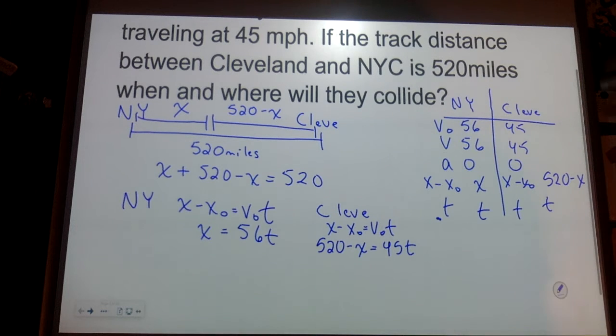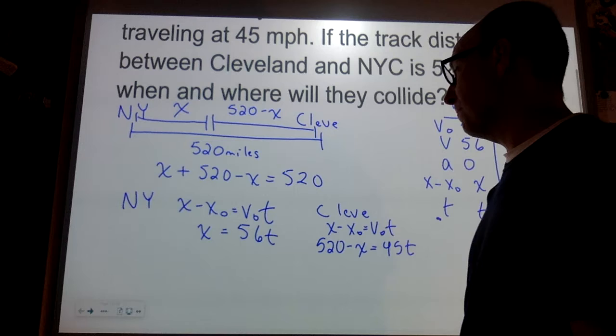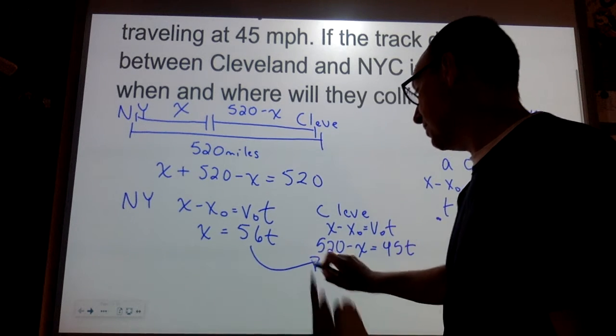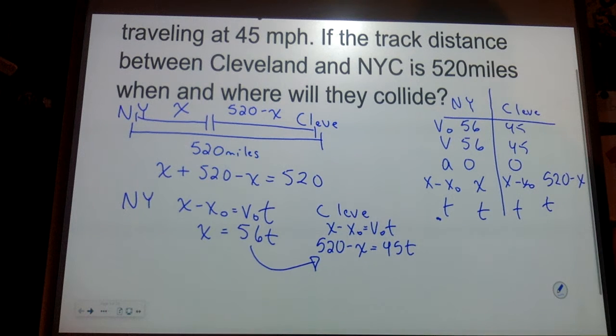So I would be able to solve for x or t and substitute it into the more complicated equation, or I could add the two equations together.